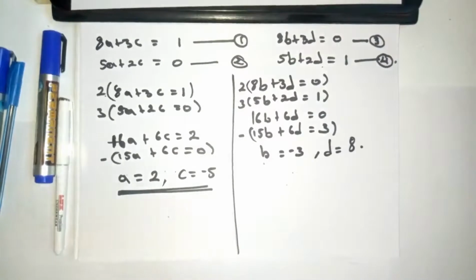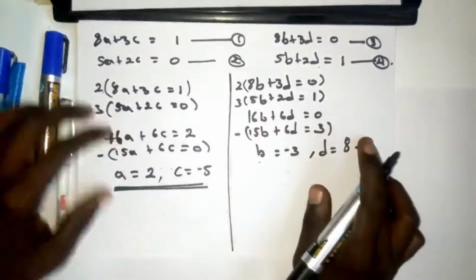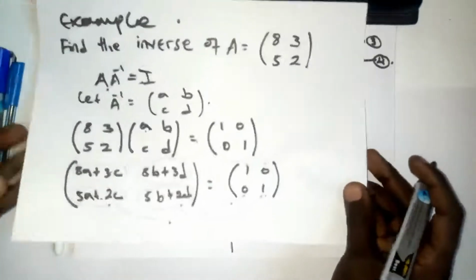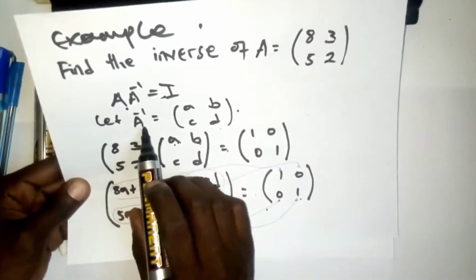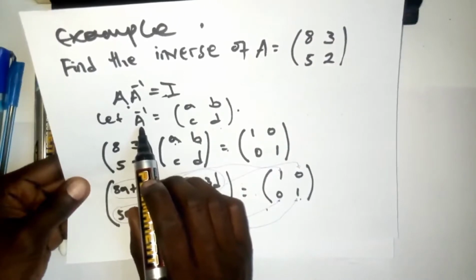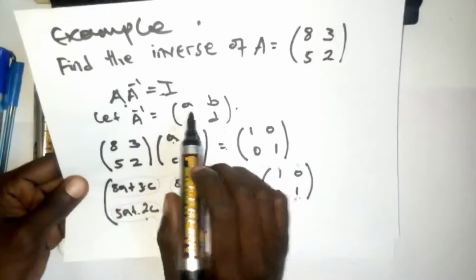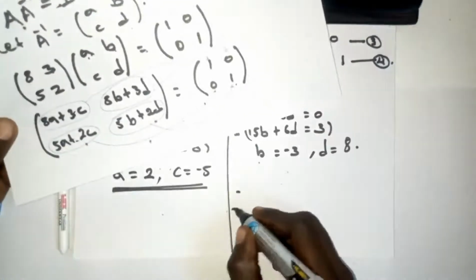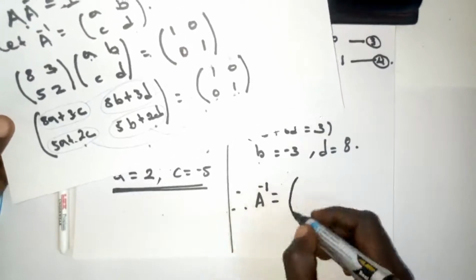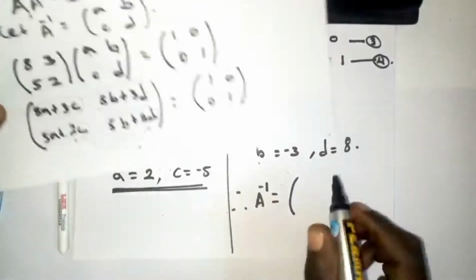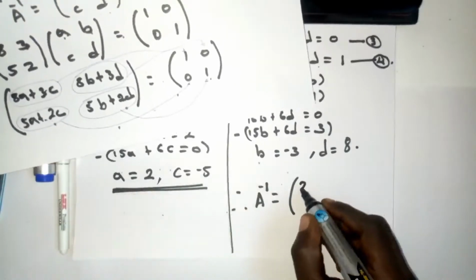So after finding the unknowns from the equations that you formed, you bring back the matrix that you formed. So remember, we said let the inverse of A be this, therefore I'm going to conclude and say the inverse of A is going to be, where I have a, I put the value of a that I got, which is 2.